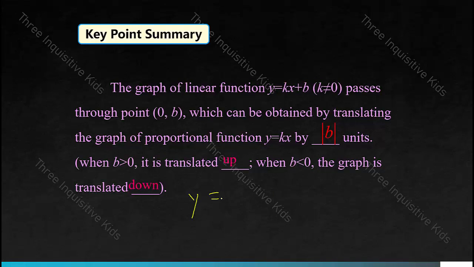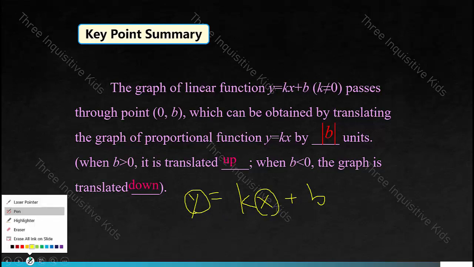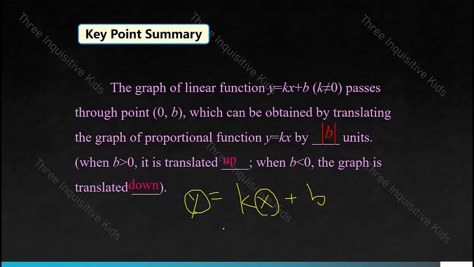So again, y = kx + b. In this formula, we know these two are the variables. This coefficient k is the slope, and b represents the y-intercept.